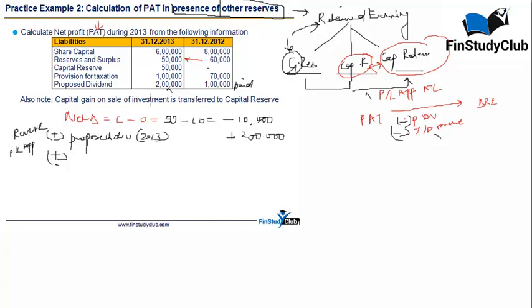So here it seems that capital reserve from 0 to 50,000 has been transferred from P&L appropriation account, and as a result of which I am going to add that back.